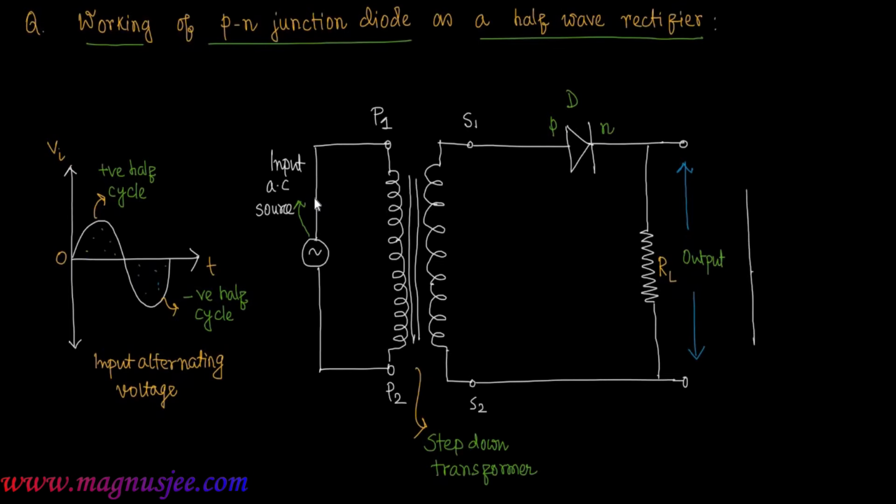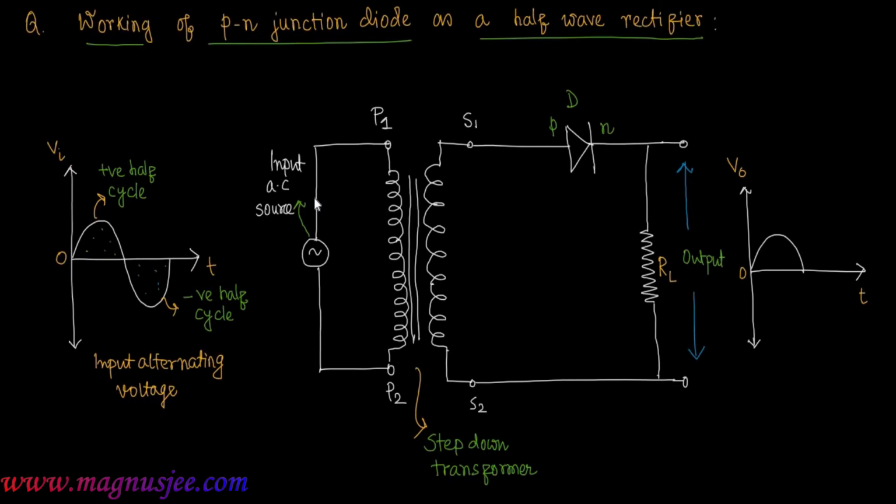And we can draw input output waveform. Output voltage across the load resistance RL is V0, plotted along vertical axis. And time is plotted along horizontal axis.